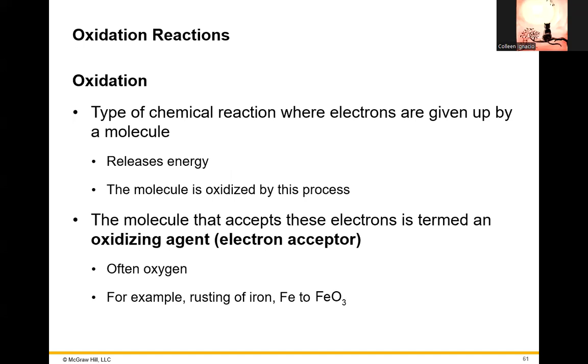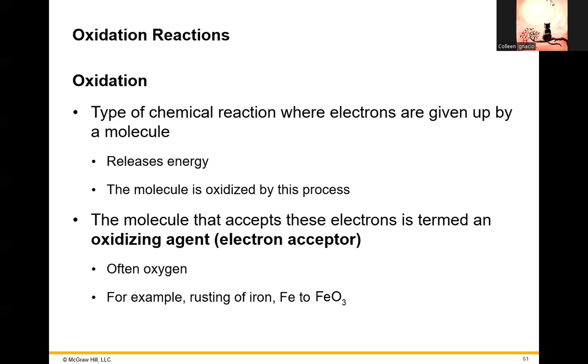So the releasing of this energy, of these electrons, is called oxidation. Now, the molecule that accepts these electrons is called the oxidizing agent, which is the electron acceptor. Many times, that molecule, or element, is oxygen.